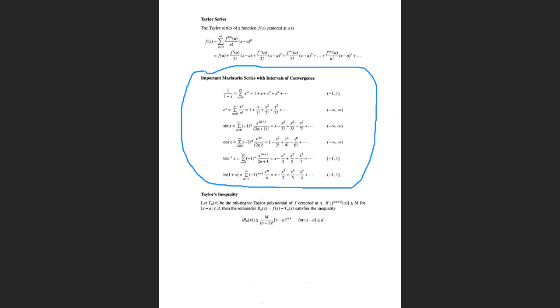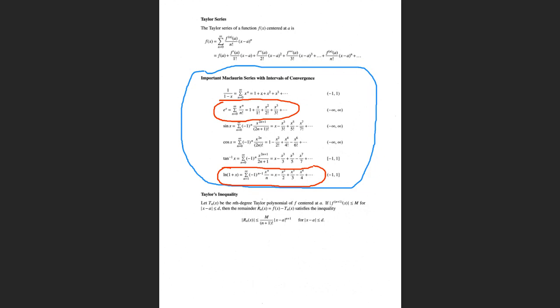Okay, all right. So let's see here. Now, the two relevant Maclaurin series are the one for e to the x and the one down here for the log of 1 plus x.